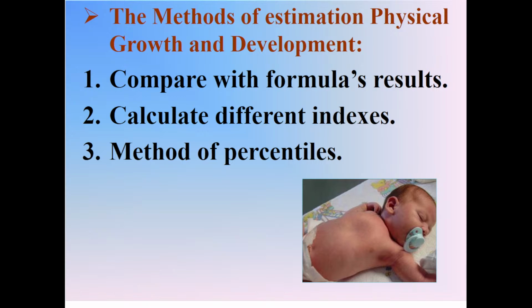Second method is to calculate different indexes, such as body mass index, for example. And the third method, which is the most often used now, the main method of estimation of physical development in the whole world, is the method of percentiles. After some time, we will return to this method.